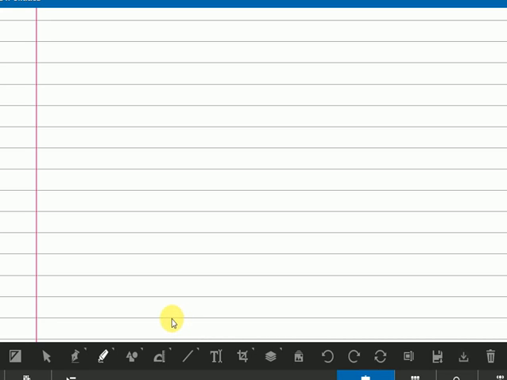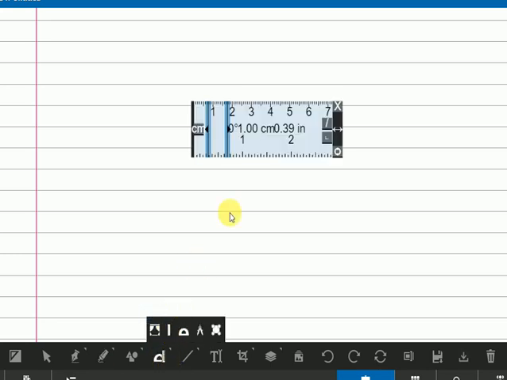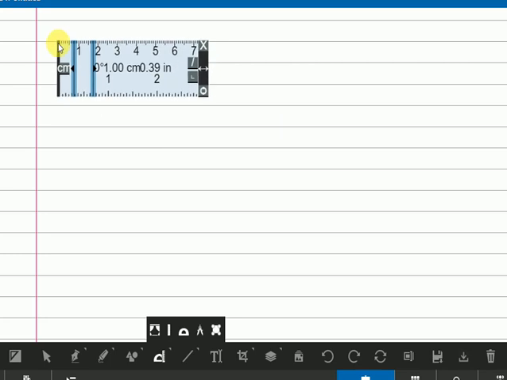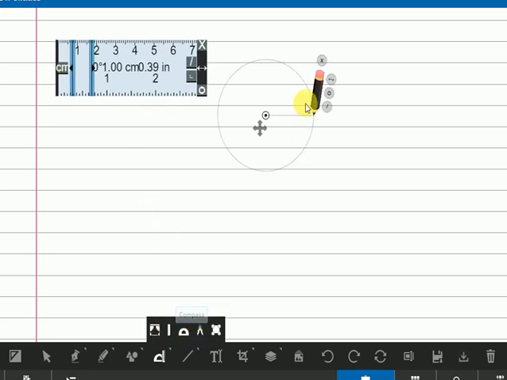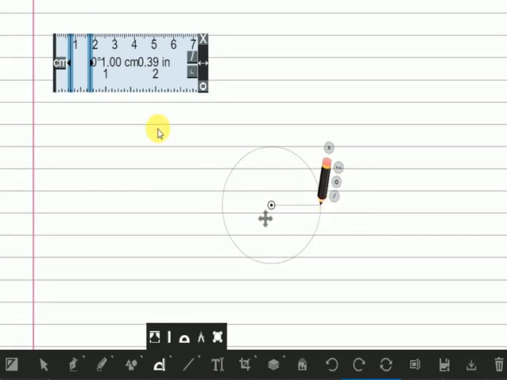Suppose we are constructing a circle of radius 6 cm. For that, we will require a ruler, a compass. We will first place the pointer of the compass at the initial point of the ruler and extend the other end with the pencil measuring 6 cm from the initial point.